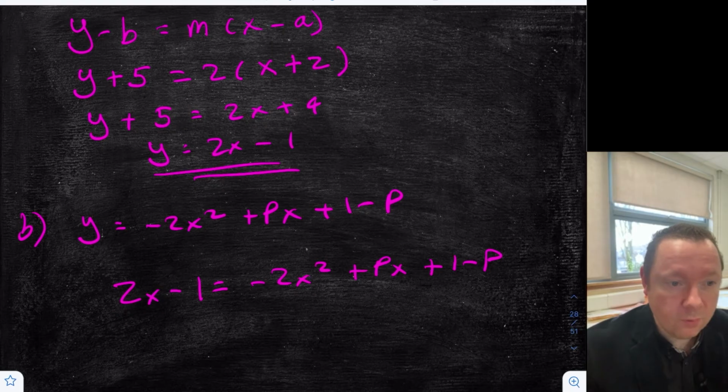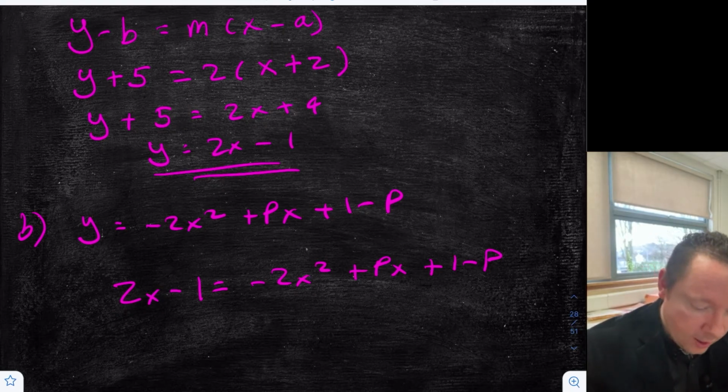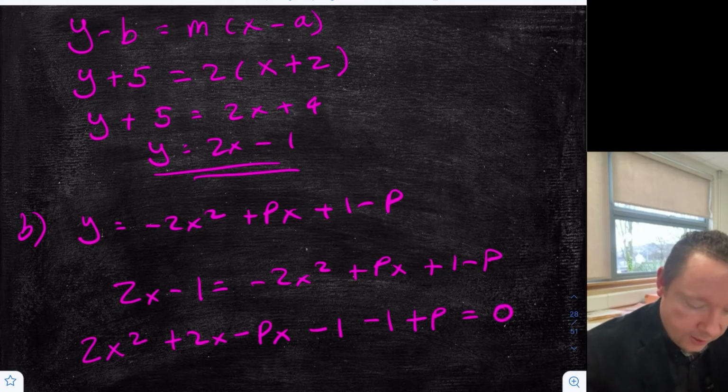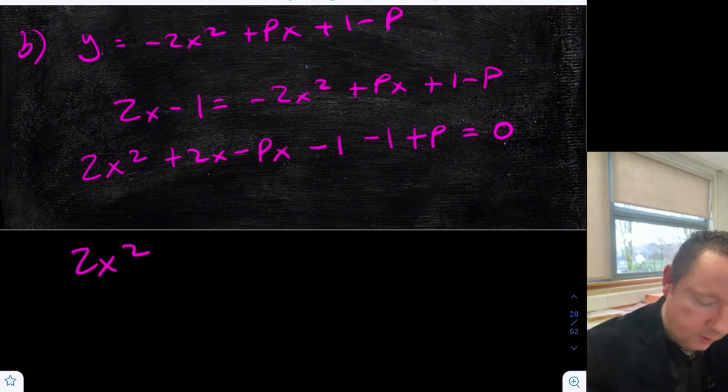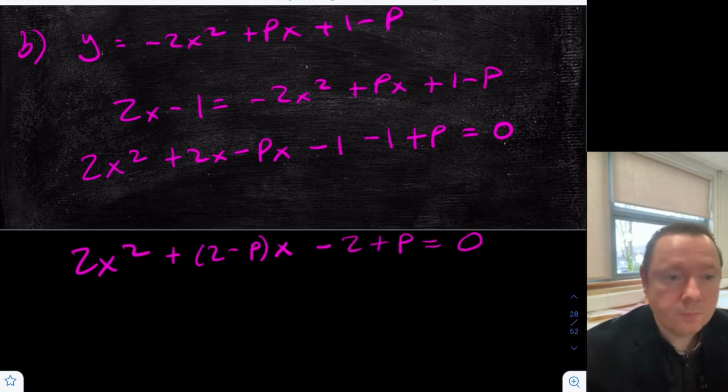So moving everything over to the right, we get 2x squared plus 2x minus px, then minus 1, then minus 1 again, and then plus p, and that equals 0. Tidying that up, we want to have x as a term, so that is 2x squared plus (2 minus p)x, and then we've got as a constant term minus 2 plus p, equals 0.